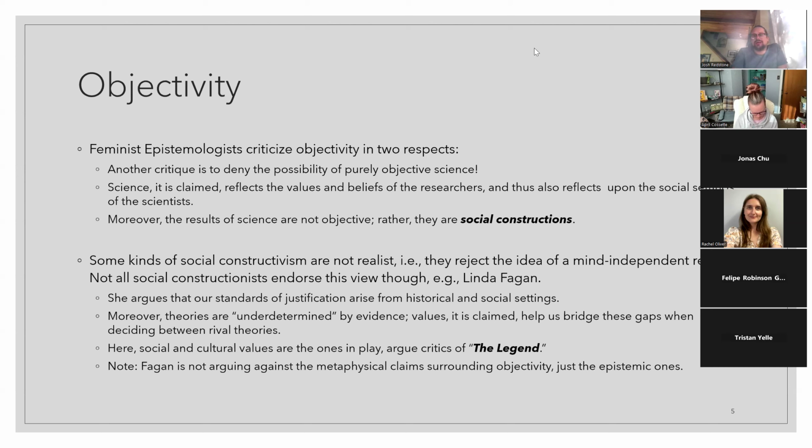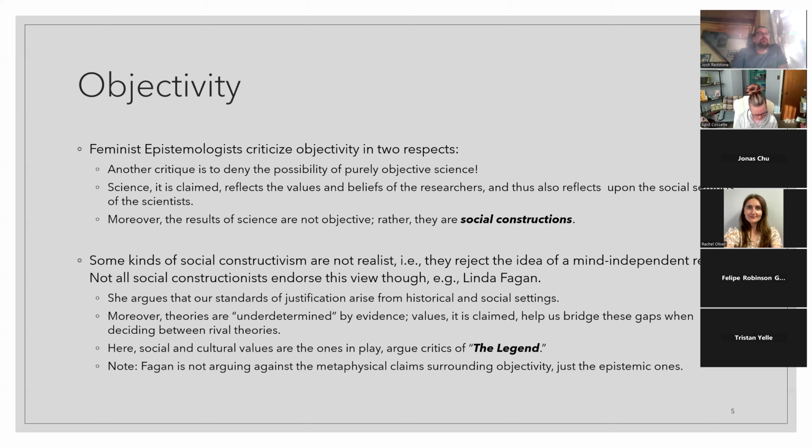So, for example, the old debate in early modern Europe over geocentrism versus heliocentrism.